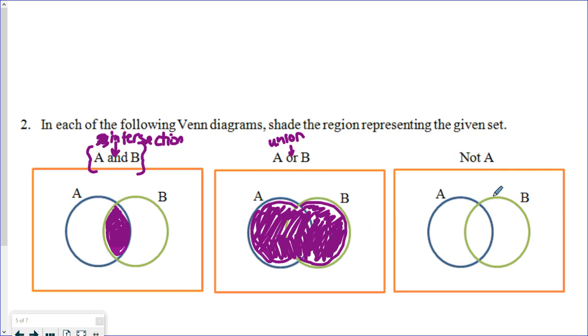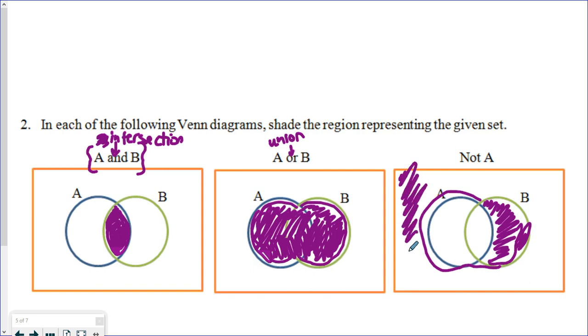Not A. So A is represented here on my screen by the blue circle. On yours, it's the black circle. So not A would be this, but all of this stuff is actually not A as well. Everything that's not the blue circle.